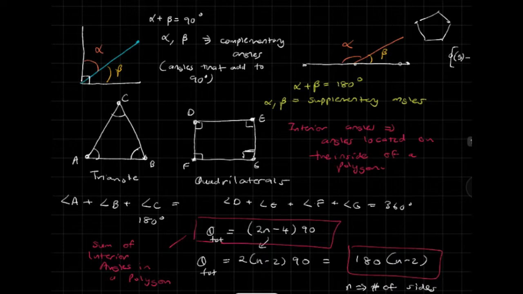Sorry guys, I'm just going to make some space here. You basically get 180 times 3, which is 540. So the sum of all the angles in a pentagon, for instance, is 540 degrees.